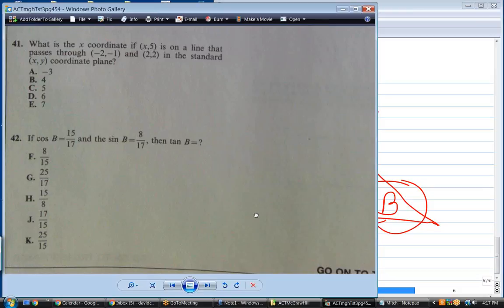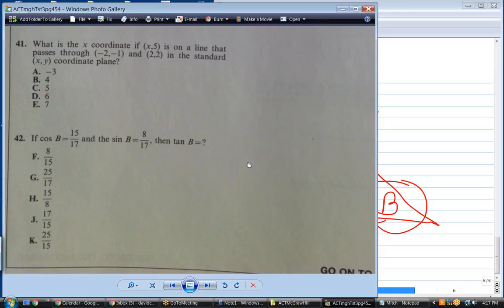Because tangent is opposite over adjacent, and then sine is opposite over hypotenuse, and cosine is adjacent over hypotenuse. The classic trig problem in your trig class is they give you this, and they tell you which quadrant it's in.